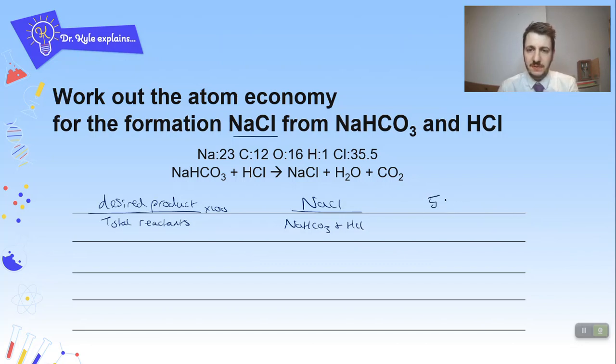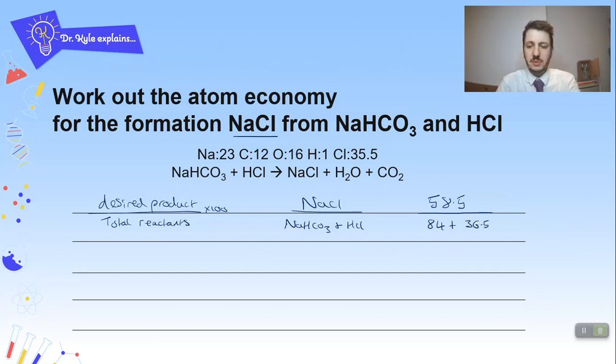Now, stick in some numbers then. NaCl is 58.5, working out the MR. Remember, if you're not sure how to work out these numbers, please go back through my playlist for how to work out relative formula mass. And I've got 84 for NaHCO3, plus HCl, which is 36.5.